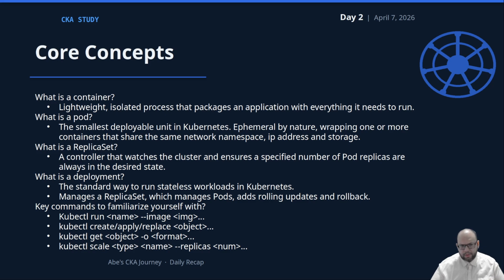Then we also went over using the kubectl scale command, which essentially allows you to scale the object type and give it a name to the desired number of replicas you want. So you could, in theory, scale to replicas equal to 1 or n, depending on if you have available compute capacity, right?